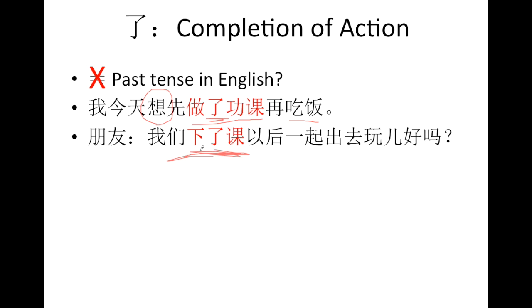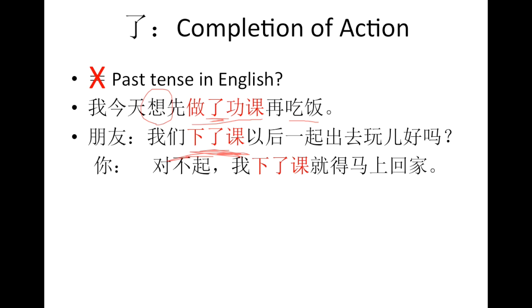After class. 下了课以后, when the class is over. 你说对不起，我下了课就得马上回家。When the class is completed, I have to go home immediately. So in both examples, 了 marks the completion of a future event. When this event is completed in the future, then what will happen?